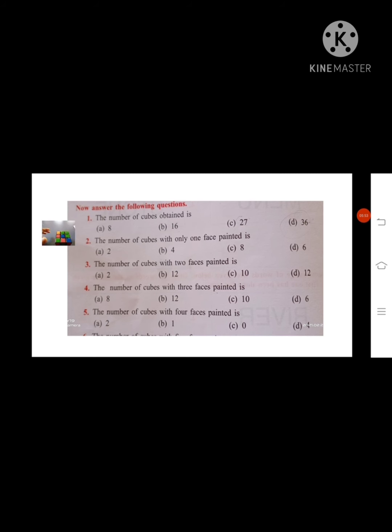How many? If we can see this, one minute students. We will rotate this. I have made this for you to understand. If we see these blocks, this is one block, this is second and this is third.